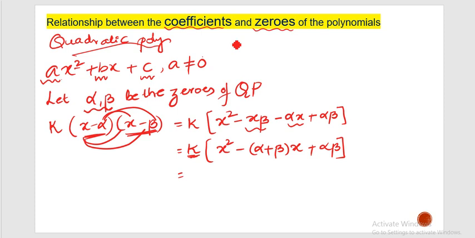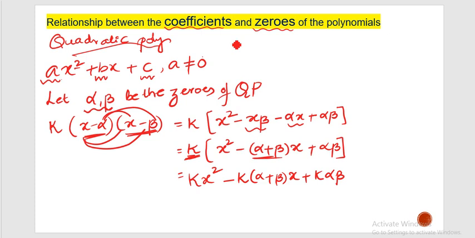Because the polynomial is not fixed. Whenever you multiply with some constant, the polynomial will change, but the zeros will not change. So we get k into x square minus k into (alpha plus beta) into x plus k times alpha beta. This is the quadratic polynomial that we get.